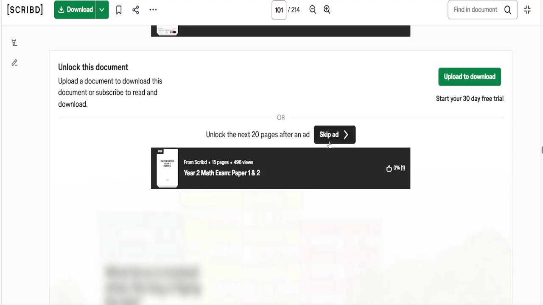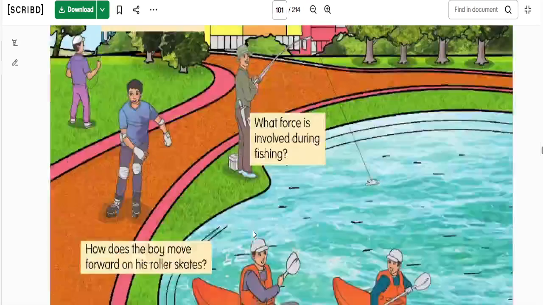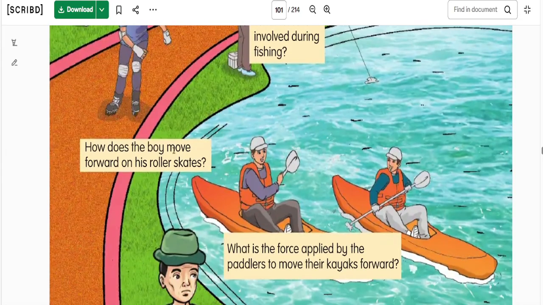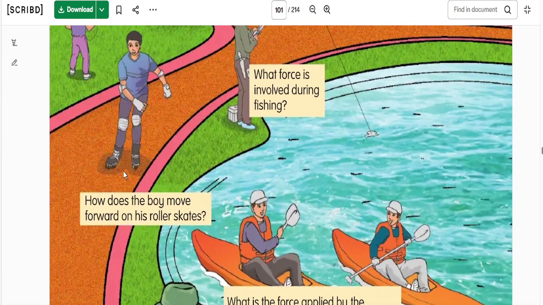Okay, good. Next one is, how does the boy move forward on his roller skates? Pushing. Yes, pushing what? Himself, by pushing off the ground with one foot, right?